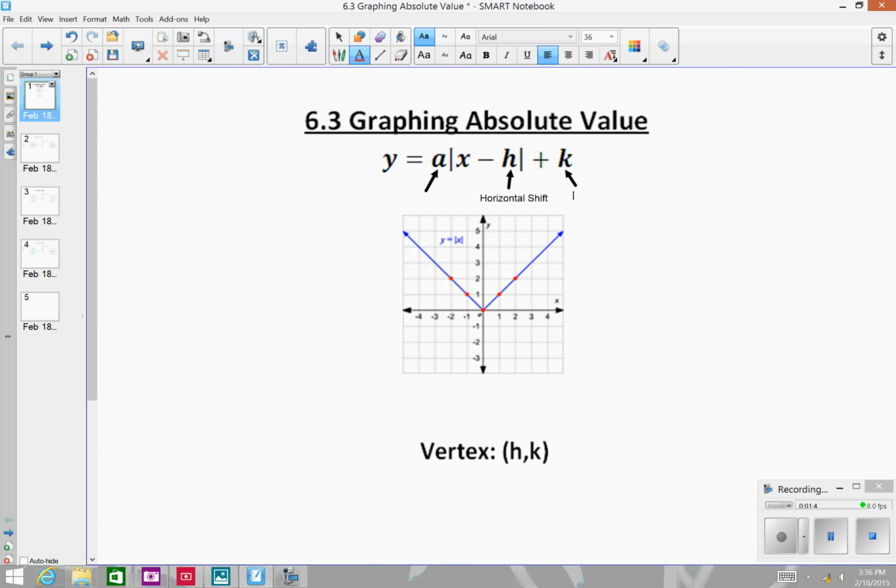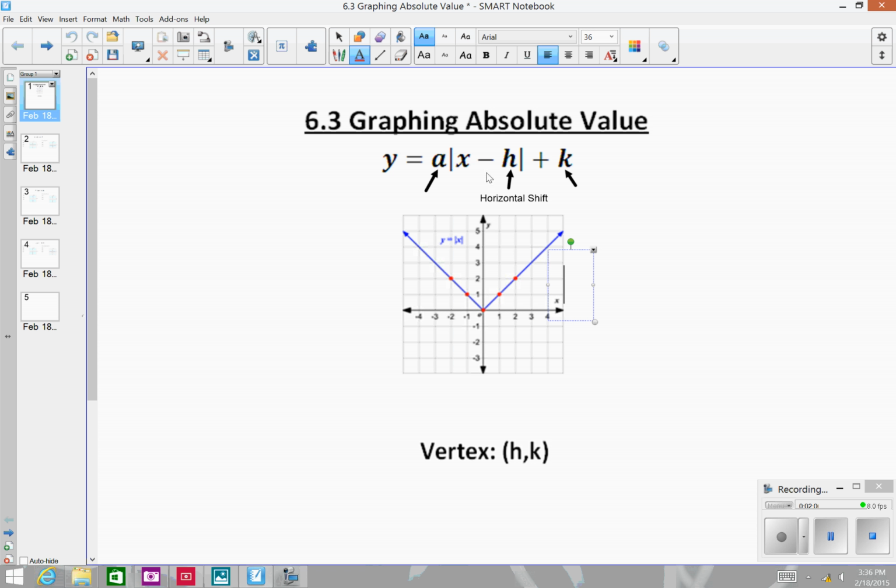Now let's talk about what our K value is. As you would see, our K value is going to move our graph up or down. And that shift is going to be exactly what you see. Where it's different to the horizontal shift, there's a negative here, and this negative is going to move your graph opposite of what you see.